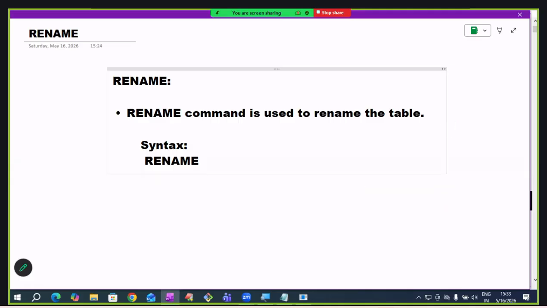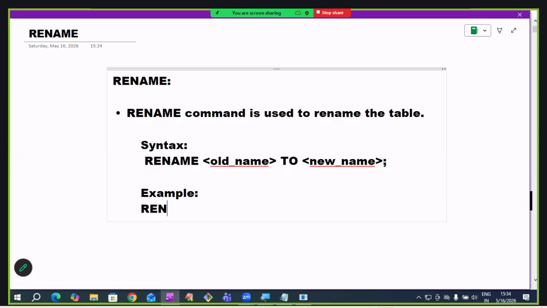So rename old name to new name. Simple. Whenever we are renaming, two things are required: what was the old name, and which new name you want to give. For example, let me check this table, employee.